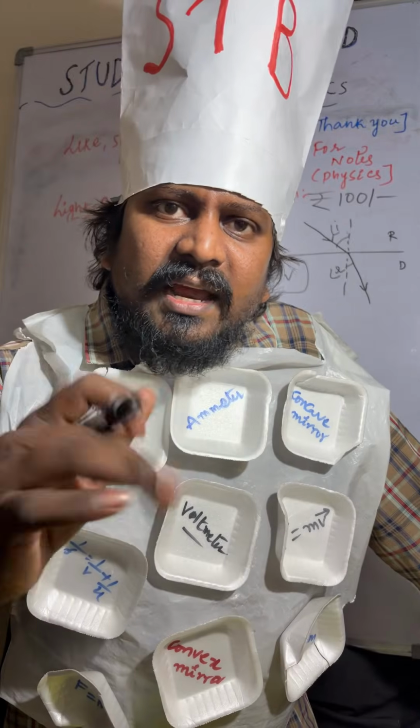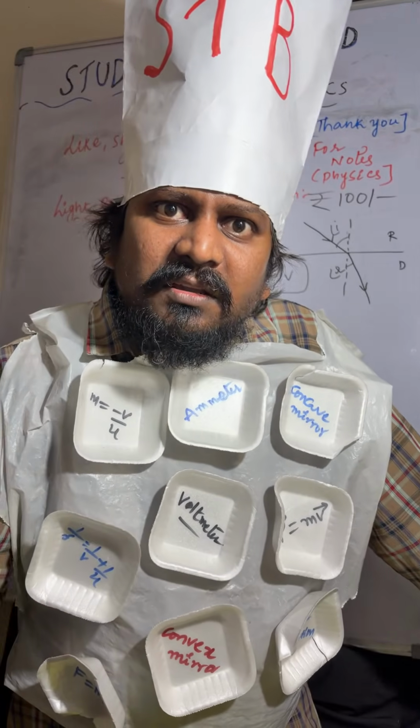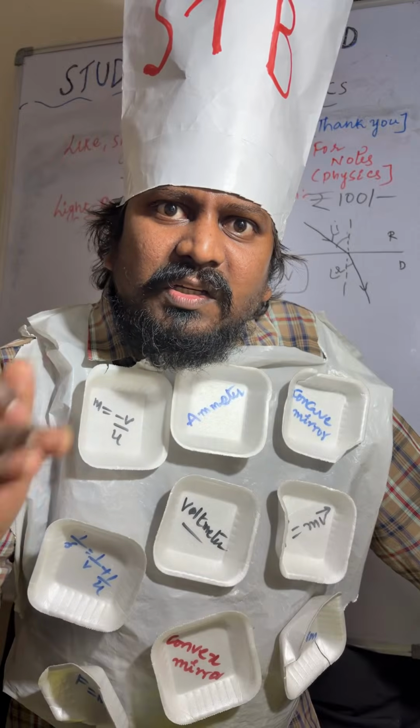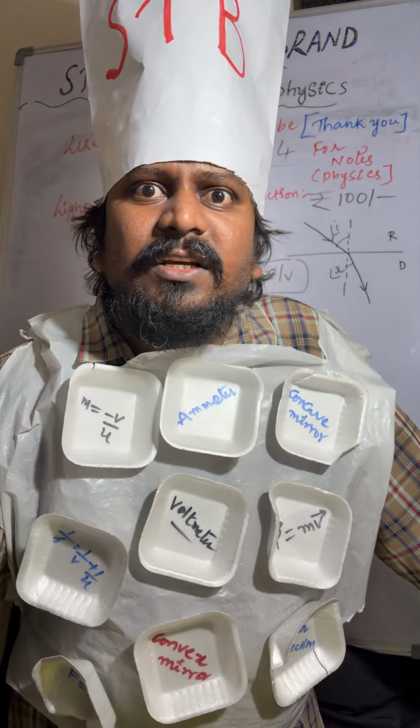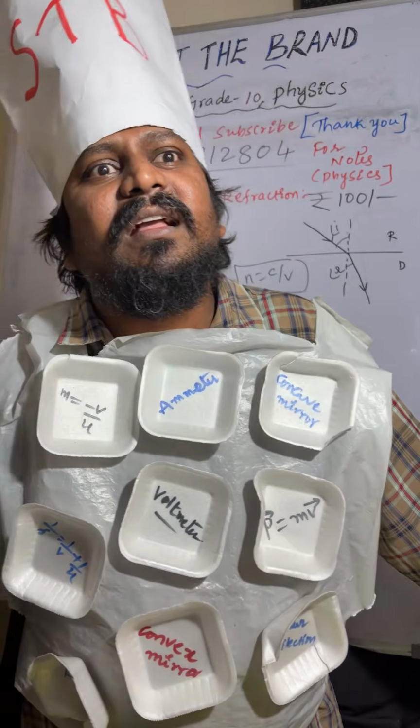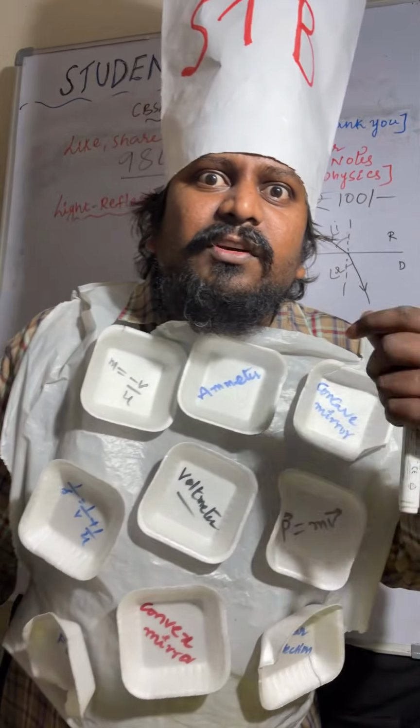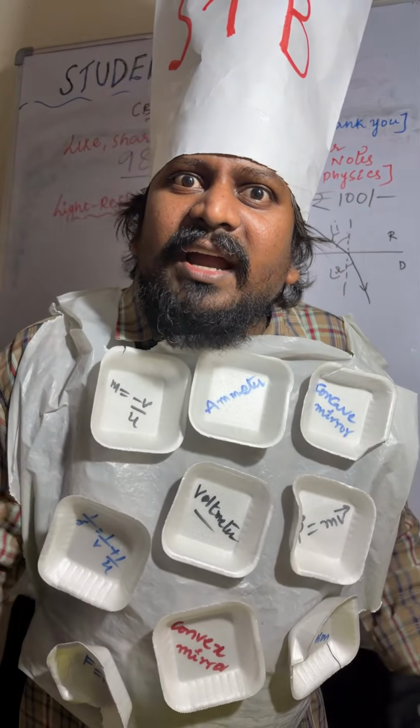Do you know the relative refractive index? n1 by n2 is equal to v2 by v1. Why is it like that?